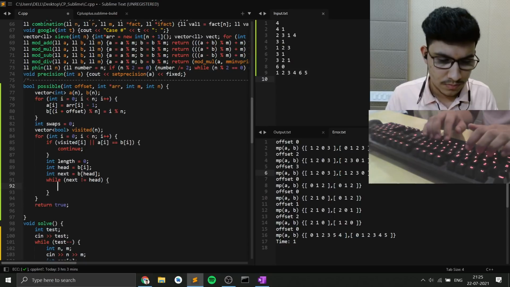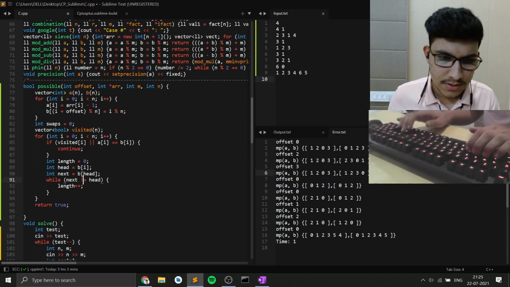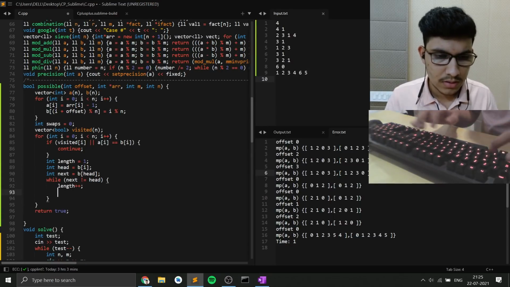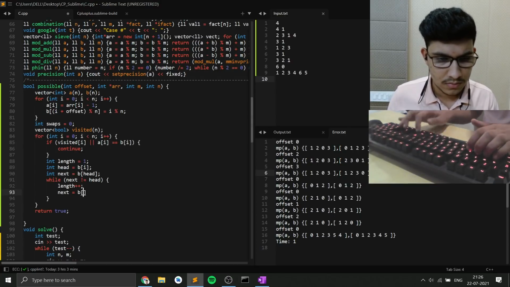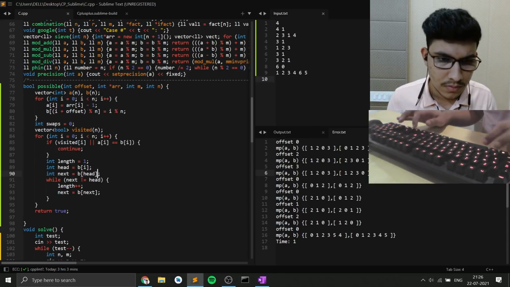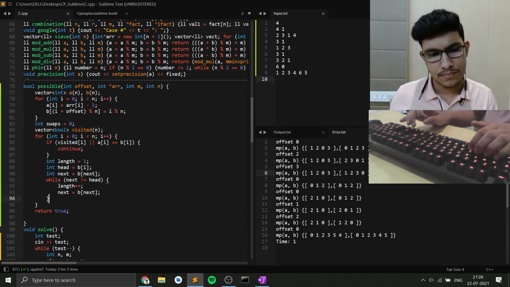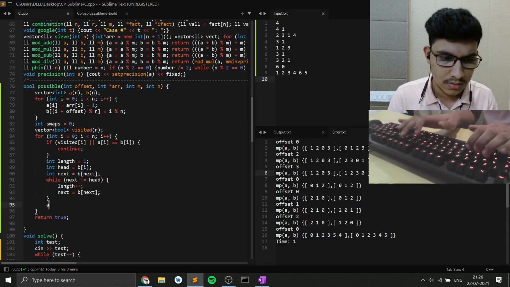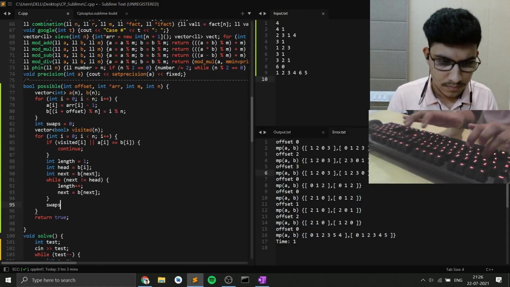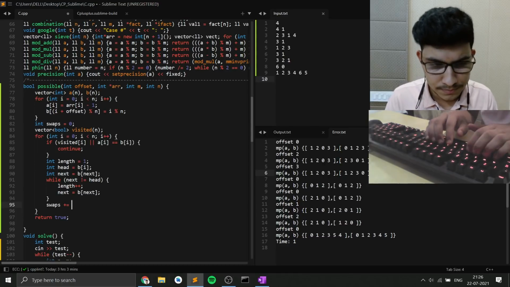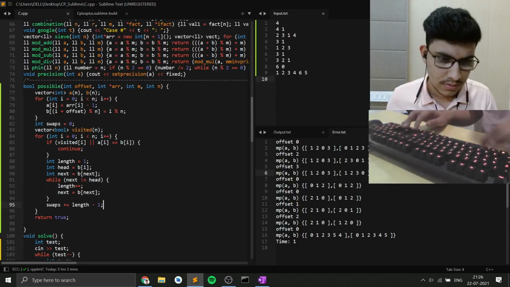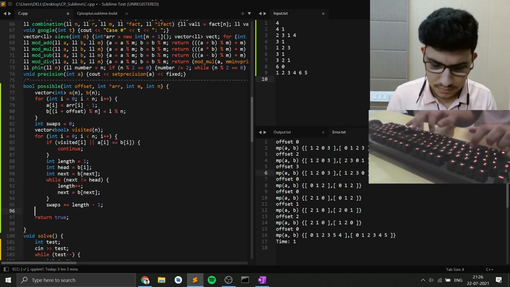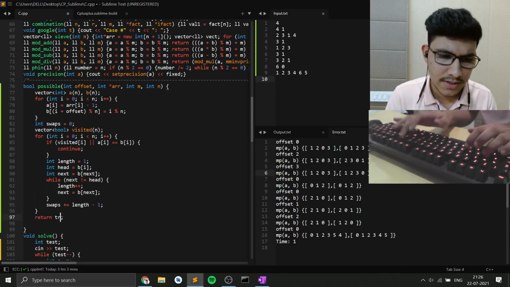So I just do length plus plus, this should be 1, and then I do right answer plus equals to length minus 1. So I just have to return if swaps is less than m.